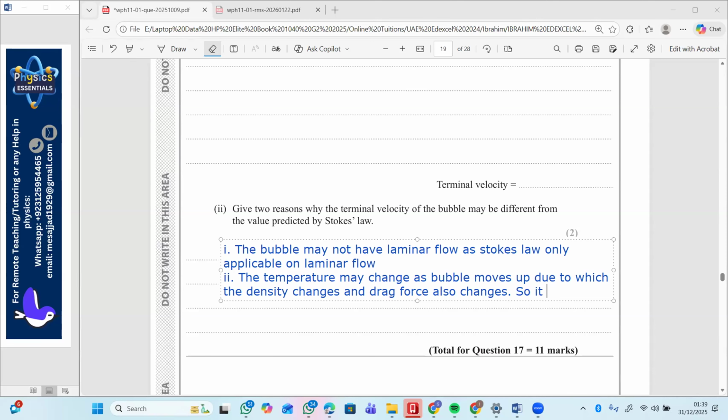So it cannot remain constant throughout.